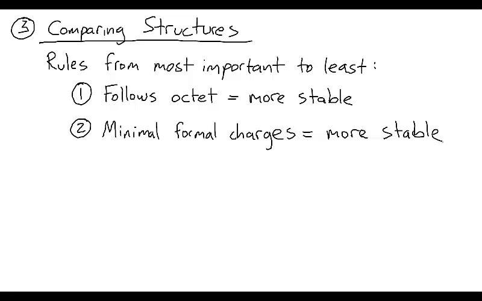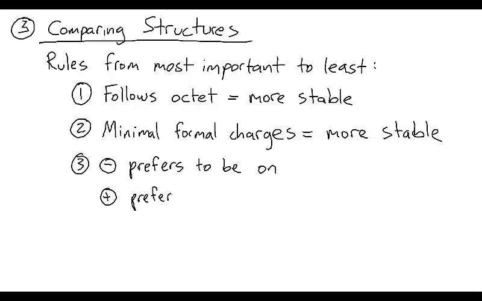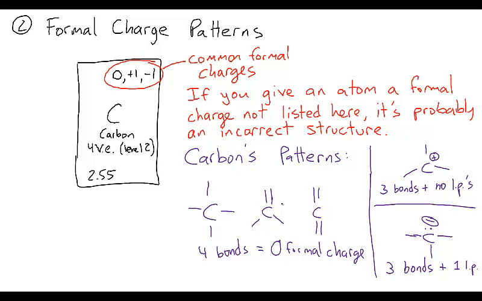And then the last rule is if you're comparing two structures and they both have the same number of formal charges, then you consider our main measure of the personality of an atom. Going back to the periodic table, here I gave the little example.